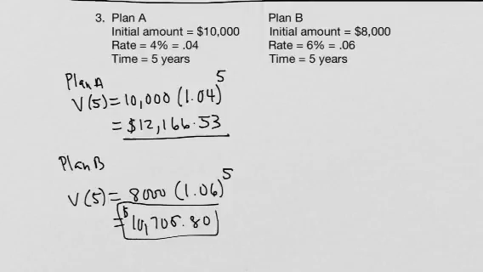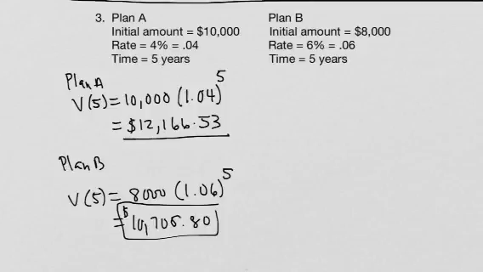Okay, so that was the first part. They just wanted to know how much will each account have in 5 years. But then it says explain why the difference between their values, which was initially $2,000, so plan A had 10,000, plan B has 8,000. That's a $2,000 difference.